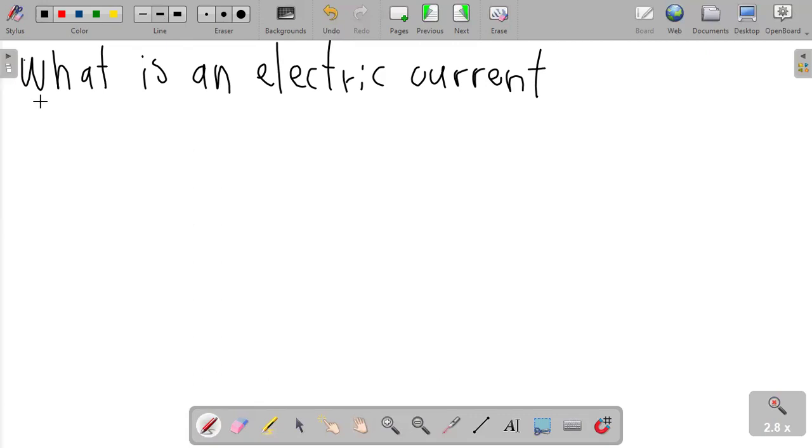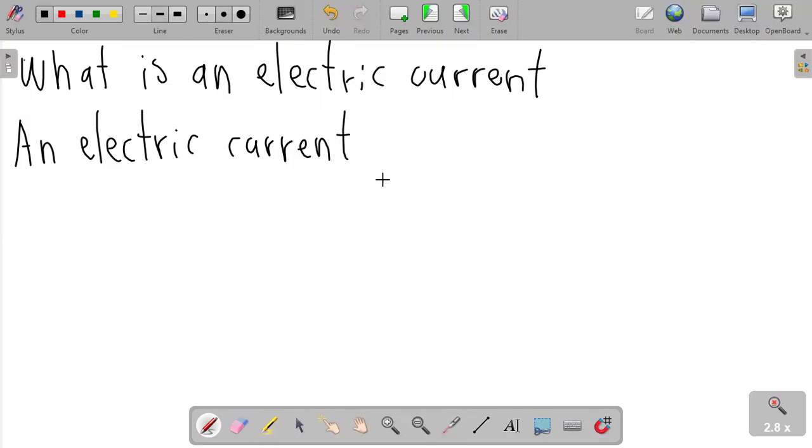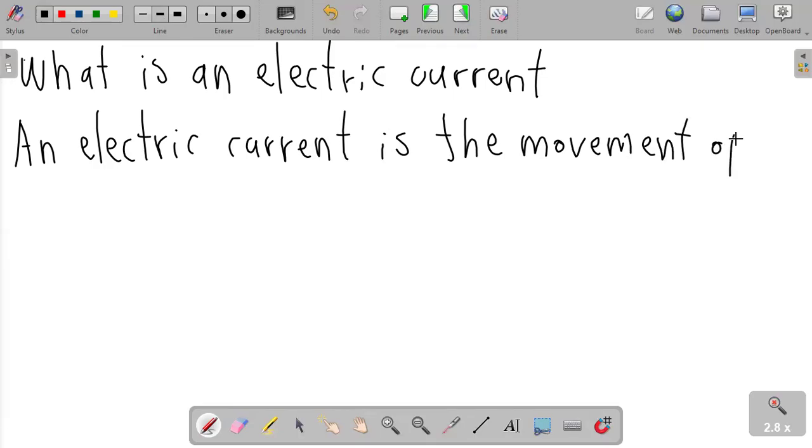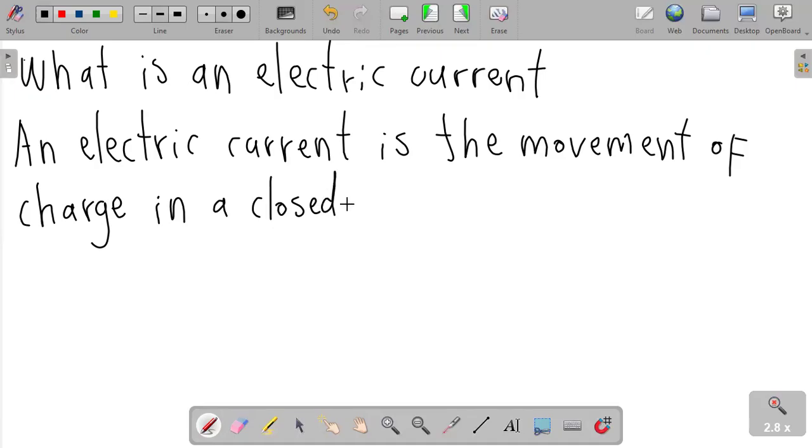We define it this way: an electric current is the movement of charge in a closed conducting circuit.